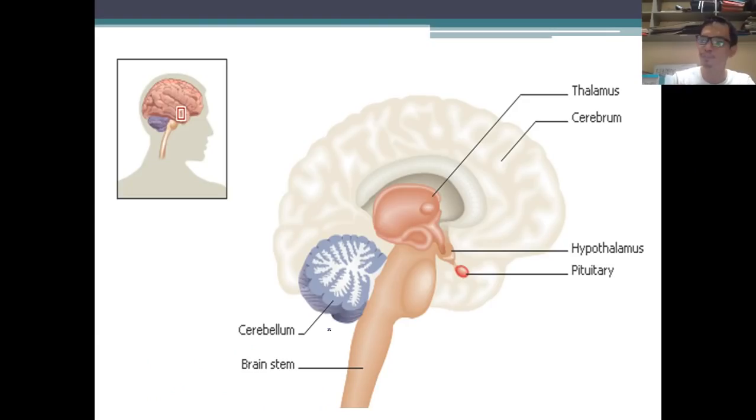The pituitary gland is located just below, posterior to the hypothalamus. So it is the hypothalamus here, and then the pituitary gland, it's very small. But from its small size, it secretes a lot of hormones that control other endocrine organs. Meaning to say, it will get all the instruction from the hypothalamus, then it controls other endocrine organs.